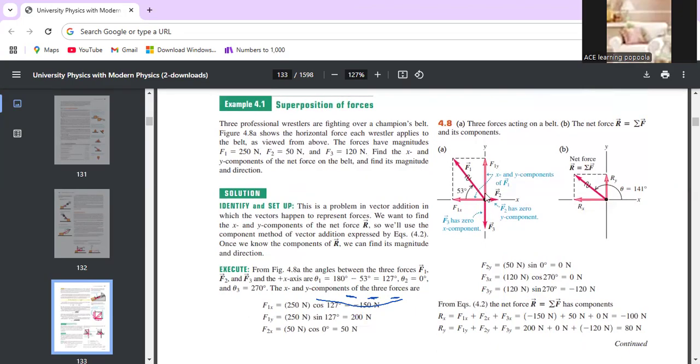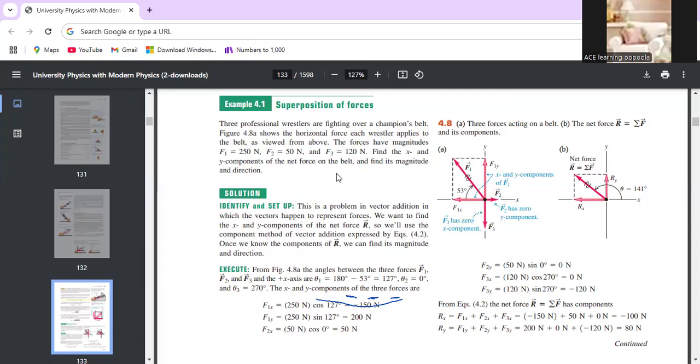Figure 4.8a shows the horizontal force each wrestler applies to the belt as viewed from above. Okay, the forces have magnitudes: F1 is 250 Newton, F2 is 50 Newton, and F3 is 120 Newton. Find the X and Y components of the net force on the belt and find its magnitude and its direction.